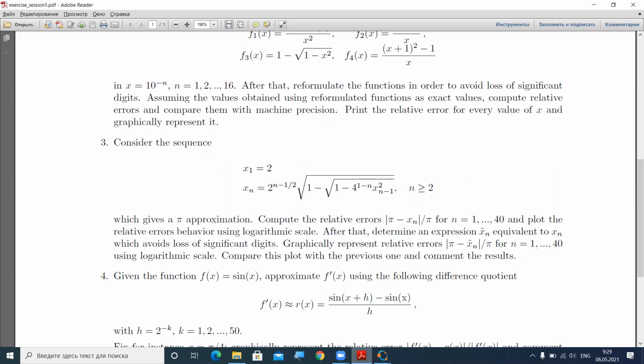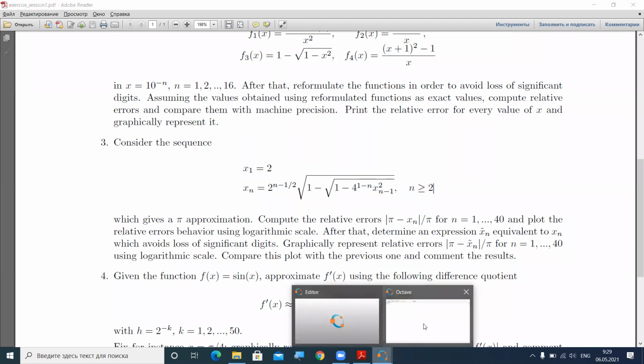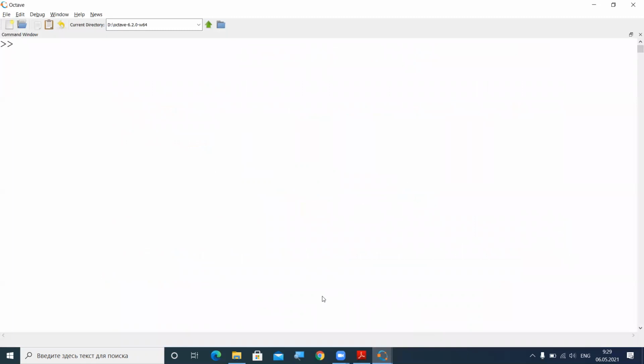So now let's begin. Here we have n from 1 till 40. We need to enter vectors here, and the size of this vector should be 40. As the starting vector, we will consider a vector of zeros, with M rows and 1 column.